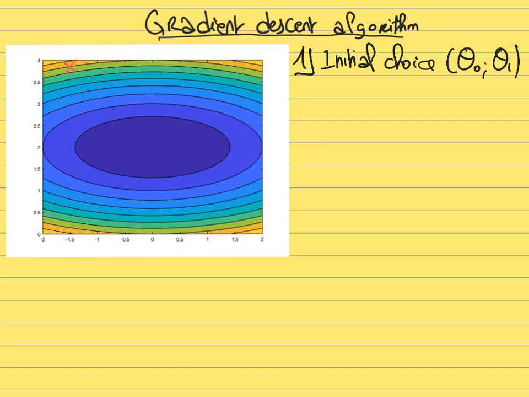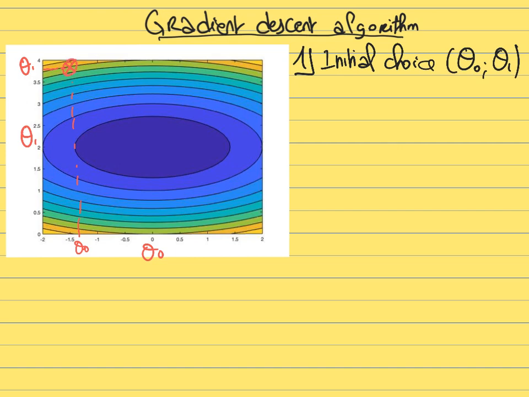For example, let's assume that we are going to use this choice. So this is the initial choice of theta 0 that you are choosing, and this is the initial value of theta 1 that you are choosing. So you're starting at this position here.